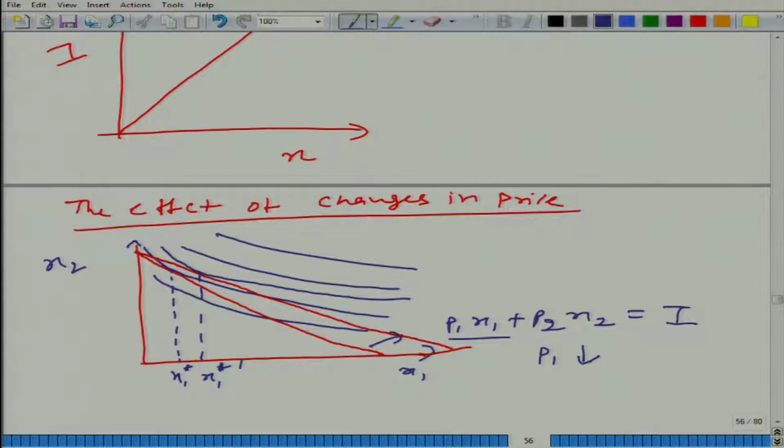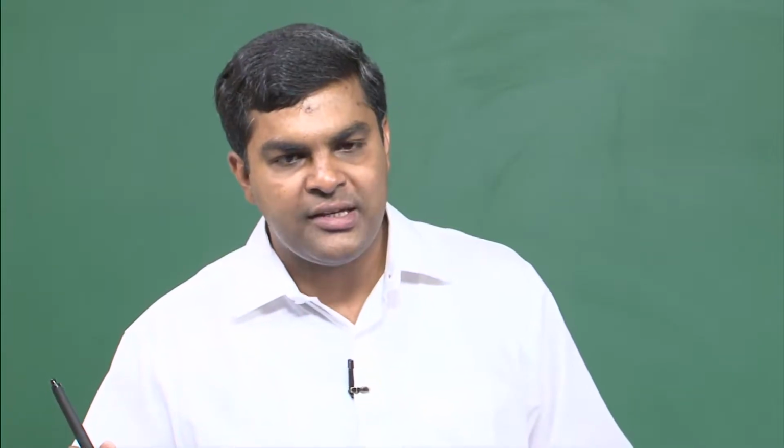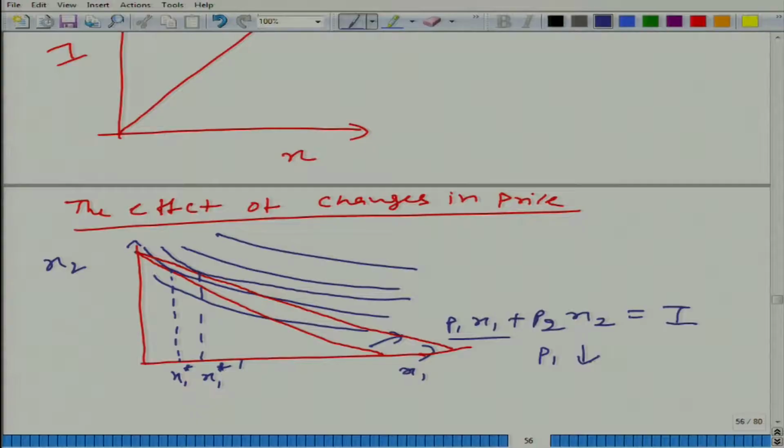The idea is to figure out the curve that we obtain by keeping everything else fixed in this economy and changing price of good 1. And of course, as we change the price of good 1, we will get different budget lines, and correspondingly we will get different consumption bundles, the optimal consumption bundles.